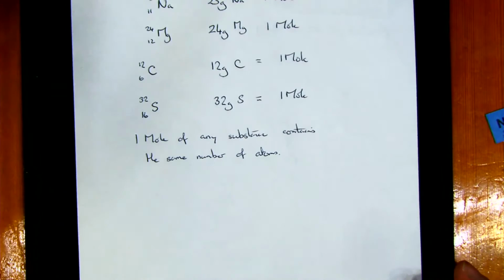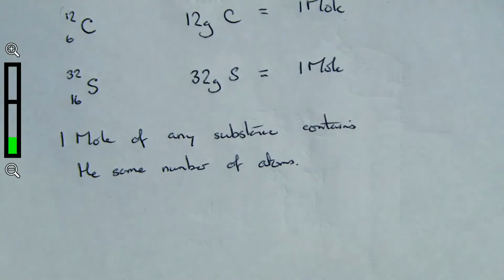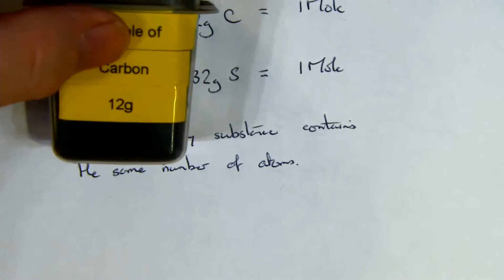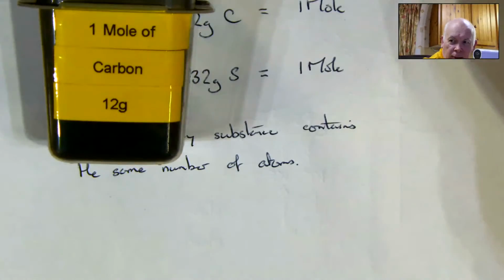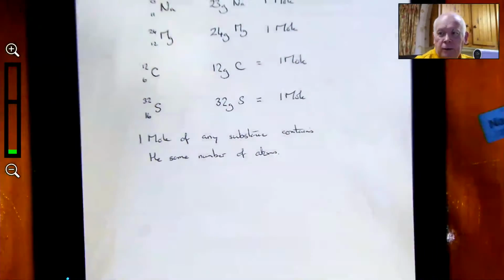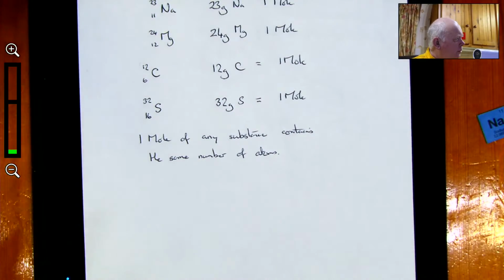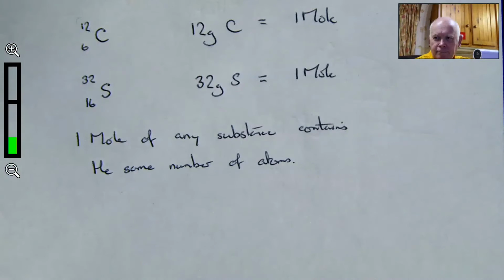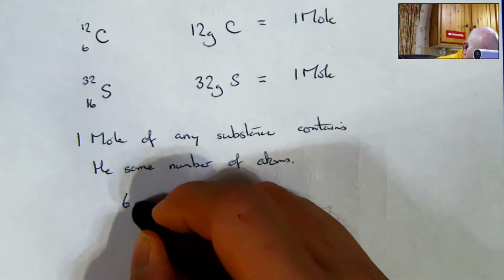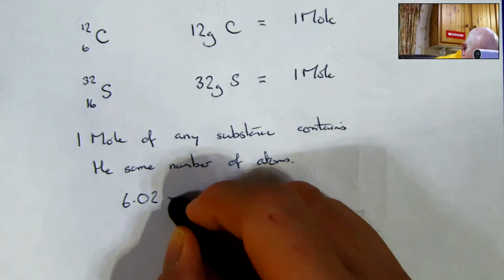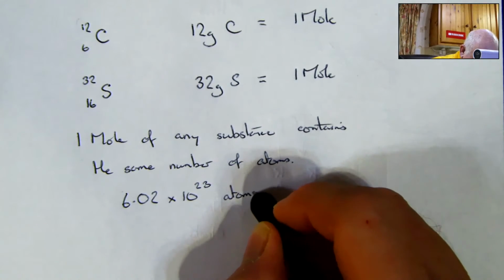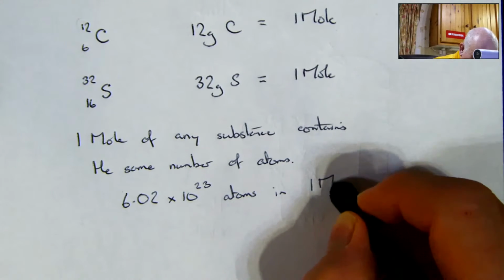And that's quite an interesting thought. So, how many atoms are in there? We had a guy called Avogadro who worked this out, and he worked out there were 6.02 times 10 to the 23 atoms in 1 mole.